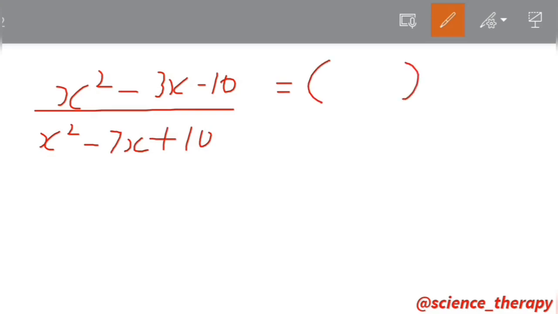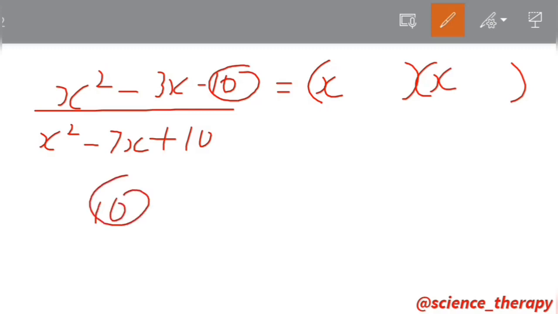So we open two sets of brackets. First in the numerator, then we distribute x and x. Now we are looking for the factors of the last term, 10. So what are the factors of 10? That's 1, 2, 5, and 10.